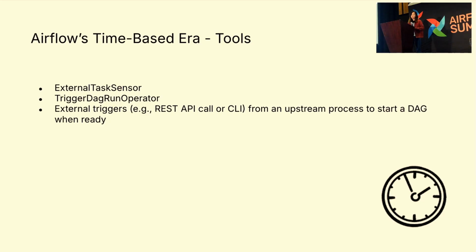We also have the TriggerDagRunOperator, which is the push mechanism. When using this operator, the upstream can push to the downstream and trigger it to run. And we also have external triggers, which are either via a REST API call or a CLI call. These are tools we use in conjunction with cron scheduling to fulfill our different ways of starting a DAG.